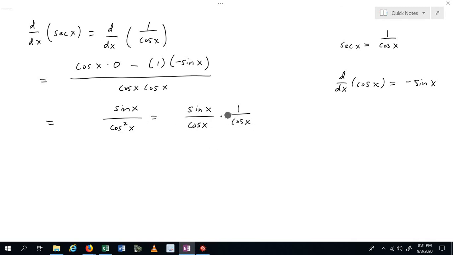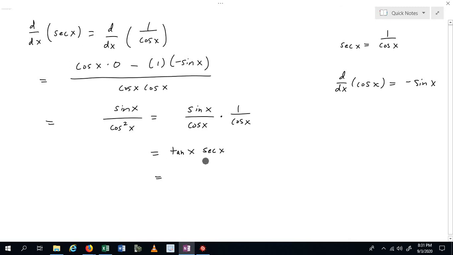Those are the same thing, right? And the reason I'm doing that is because sine of x over cosine of x is just tangent of x. And then this is just secant. 1 over cosine of x is secant of x. Okay, and so now we know the derivative of secant.